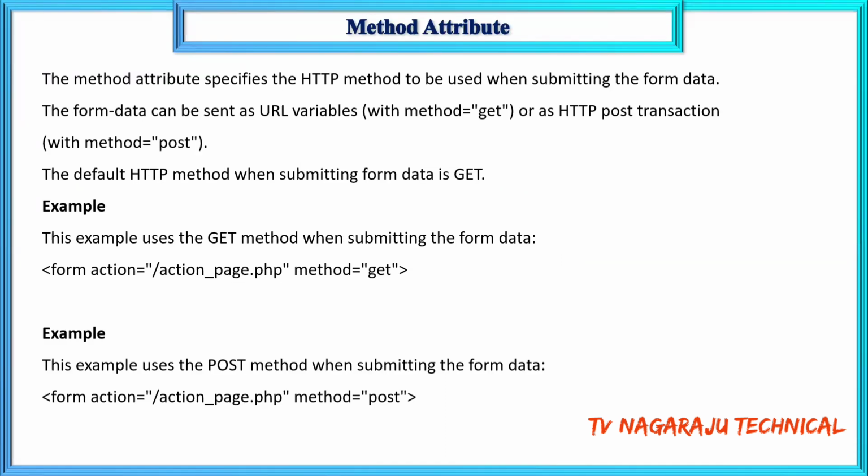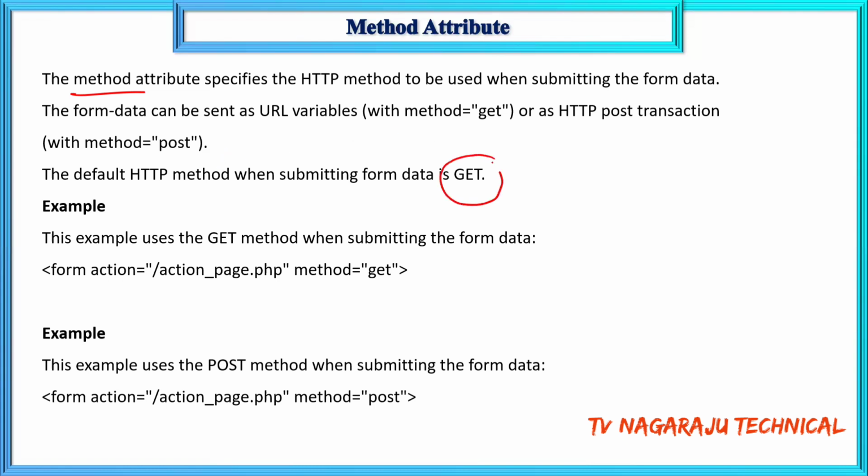Okay. Now we are moving into the method attribute. The method attribute specifies in what way we are passing the data to the server. We have two types of methods.